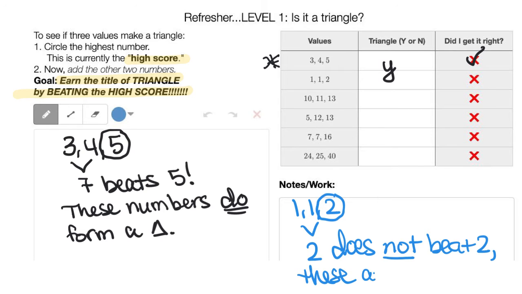These are not a triangle. They would not form a triangle. Okay. So you can check these other 4 on your own, and if you get it right, the check or X will appear in the "Did I get it right?" column.